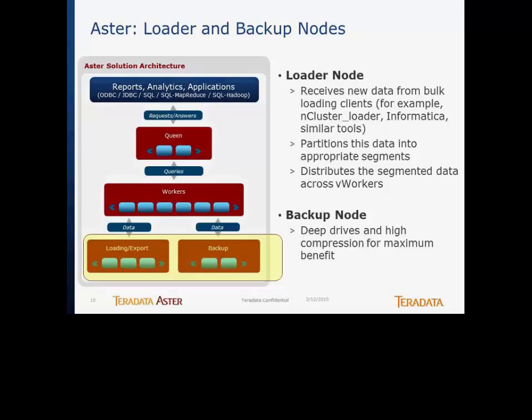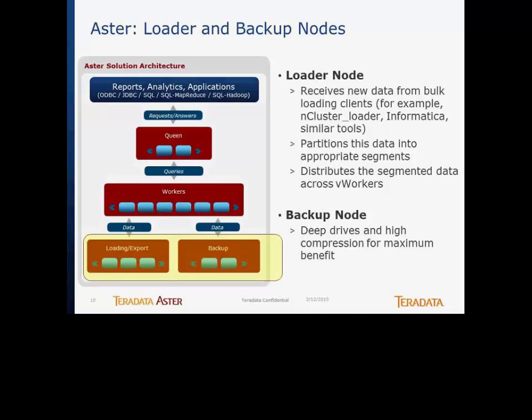This is the hashing scheme we talked about with the distribution key. The loader computes, for the data that's coming in, where it needs to go, hashes it, and decides where to send it on the worker nodes. Clearly, having a set of loader nodes may be very useful for systems that demand a high level of load throughput.